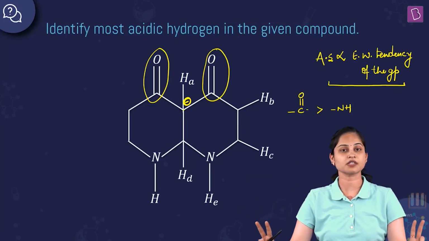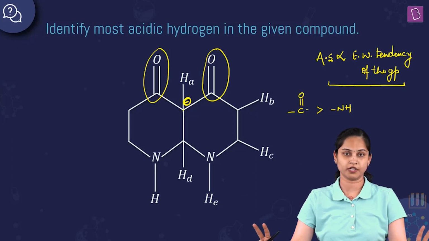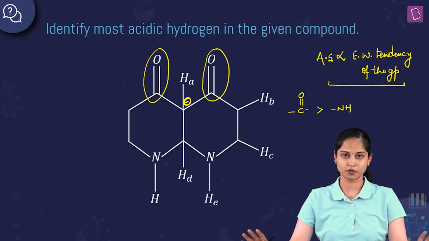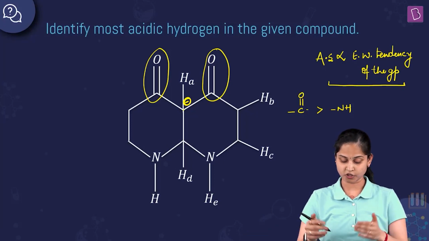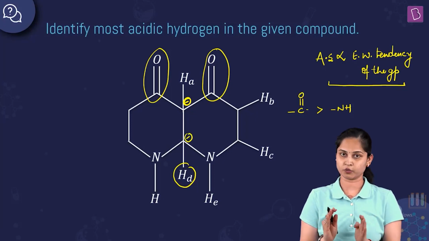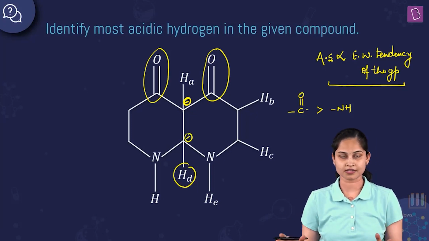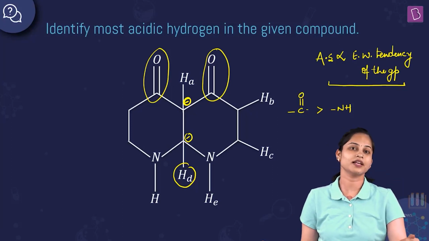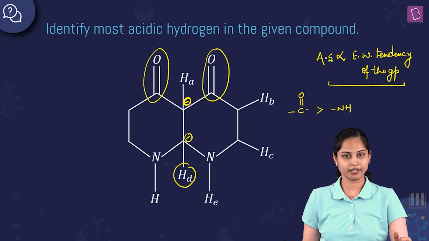So it is going to stabilize the negative charge present on the carbon atom with the help of mesomeric effect, negative mesomeric effect you can say. Whereas in case of removal of the other proton, having a negative charge over here, no doubt nitrogen has electron withdrawing tendency, but in comparison to C double bond O group, it has less tendency to withdraw the electrons.